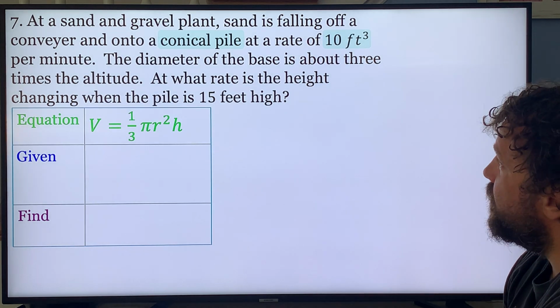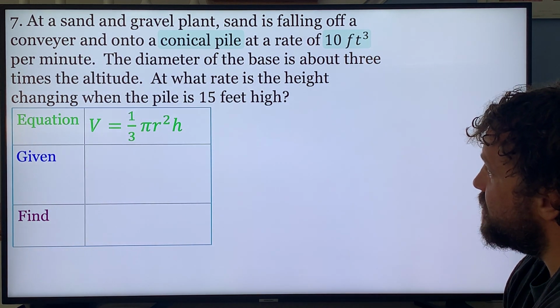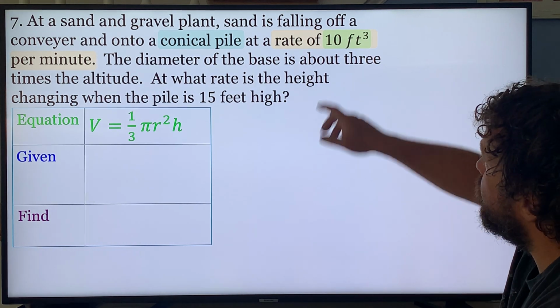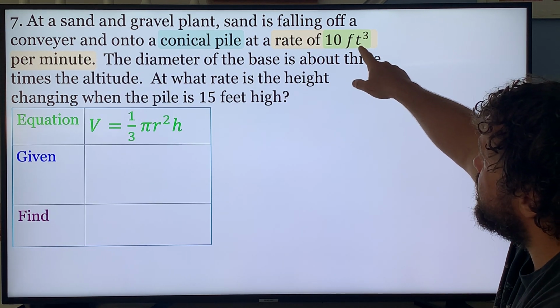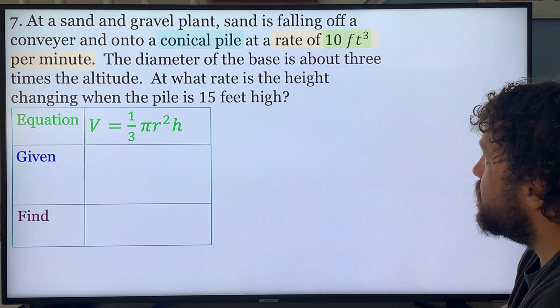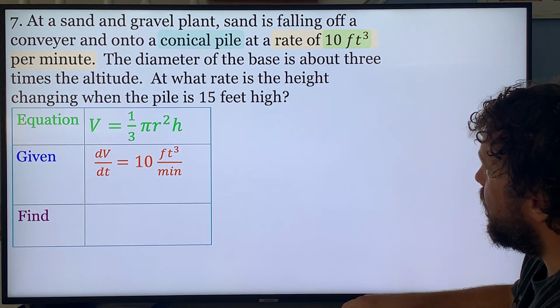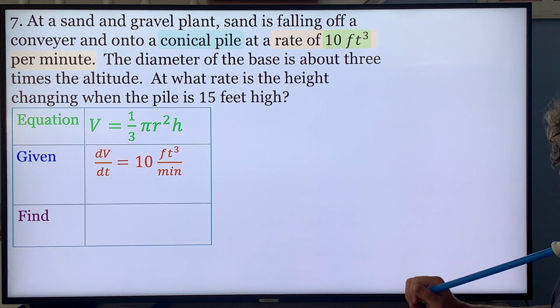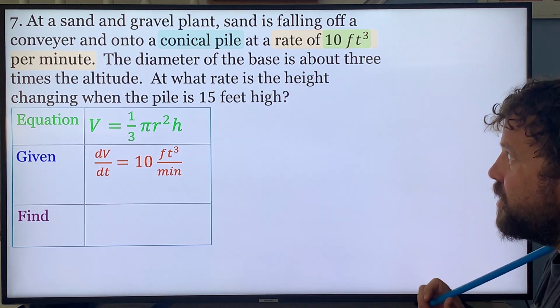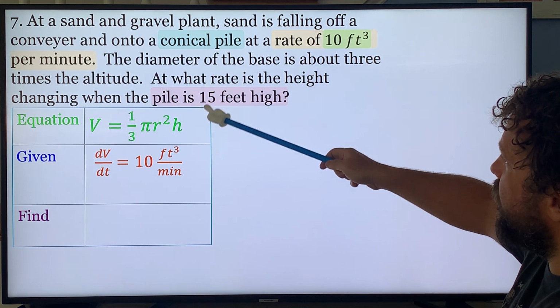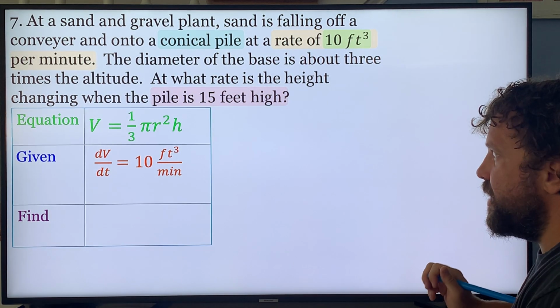The diameter of the base is about 3 times the altitude. We went over that. The rate is 10 cubic feet per minute, so that's dV dt is 10 cubic feet. Now here's where you have to get a little tricky. This is actually harder than the next bunch of problems, but I wanted to throw in a hard one to see where we're going. Where are we at? The pile is 15 feet high.